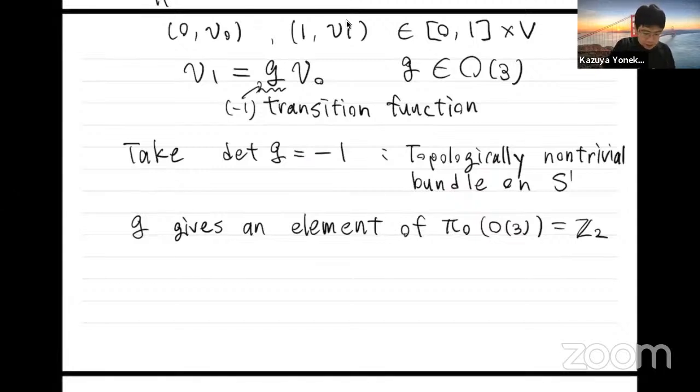And this g, this group element, gives an element of pi 0. So this O3 has two connected components, with determinant +1 and determinant -1.